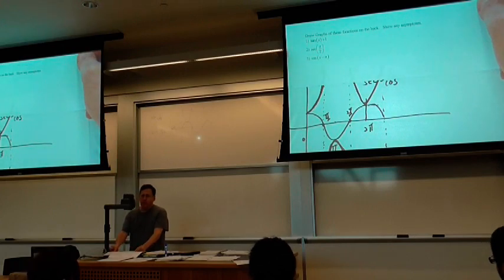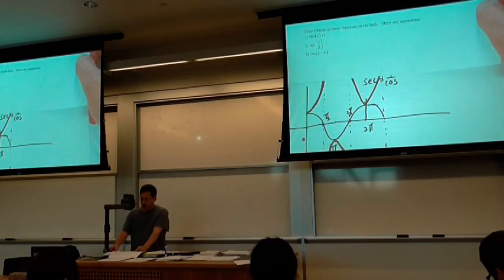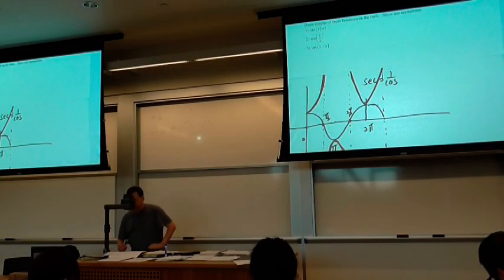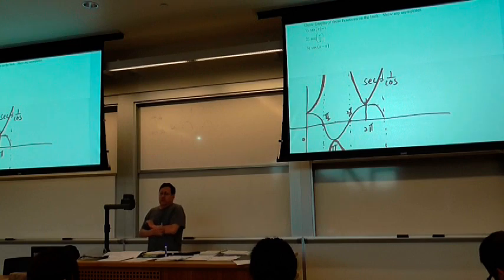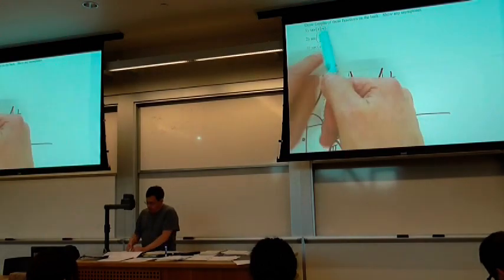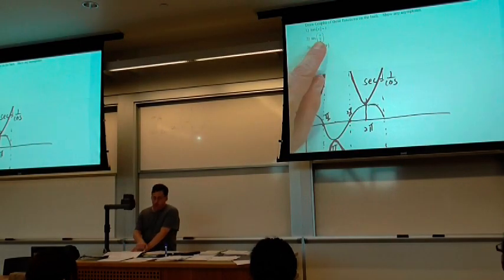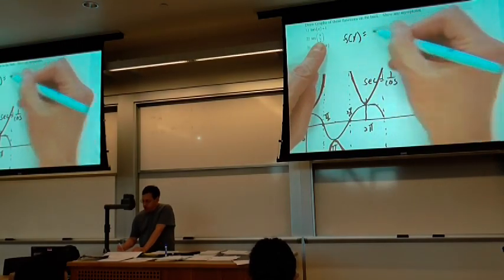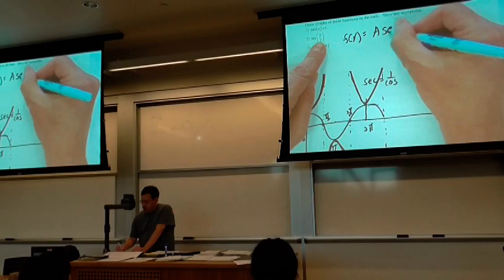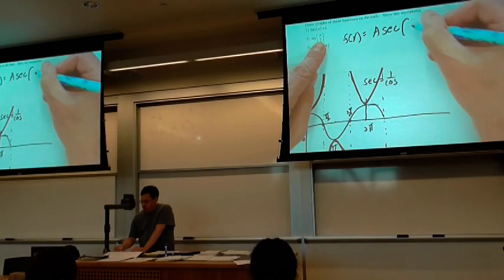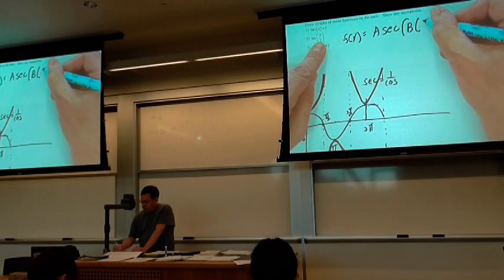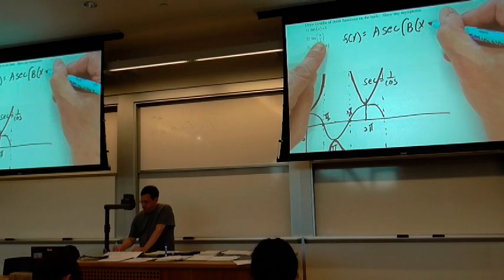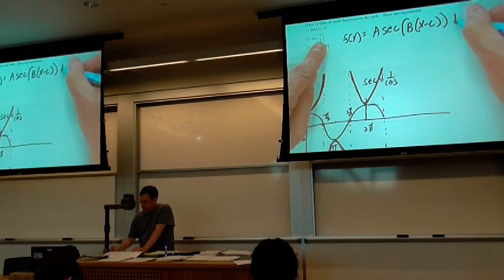secant of x over 2. Well, that means that the period or the frequency is going to change, right? How is it going to change? Remember, the function equals a secant of b times x minus c, plus d.